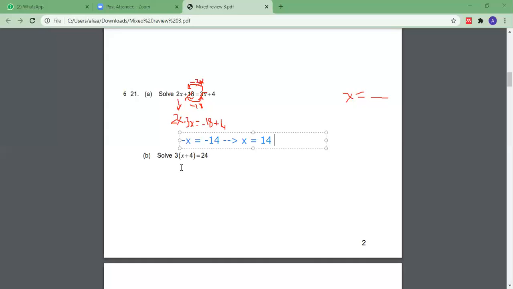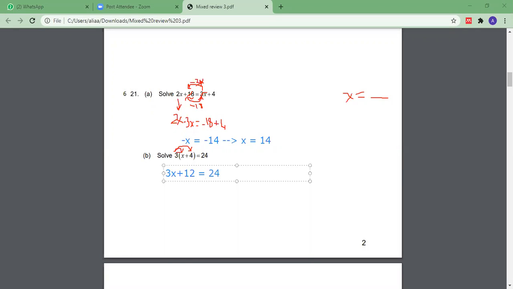Next question, expanding brackets with solving equations. I have three steps here. I have to expand the bracket first: 3 multiply x and 3 multiply 4, which will be 3x plus 12 equals 24.